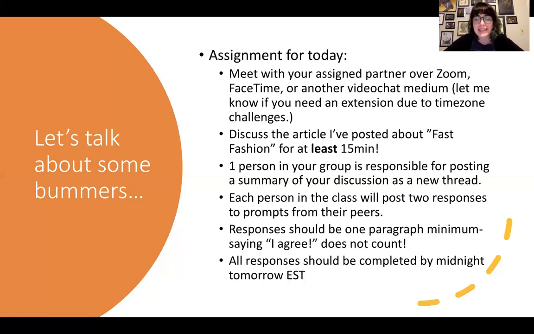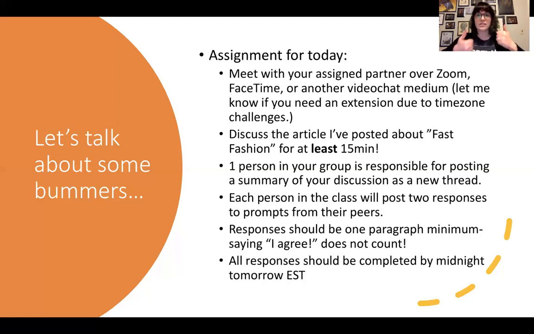That doesn't mean anything. So please come up with some real, reflective responses to your peers' writing, to their work. Be respectful of each other in that way. And I'd like a paragraph minimum for your responses. So one person writes a summary, and then each person in the class has to write 2 paragraphs total. So 2 different responses, 1 paragraph each.